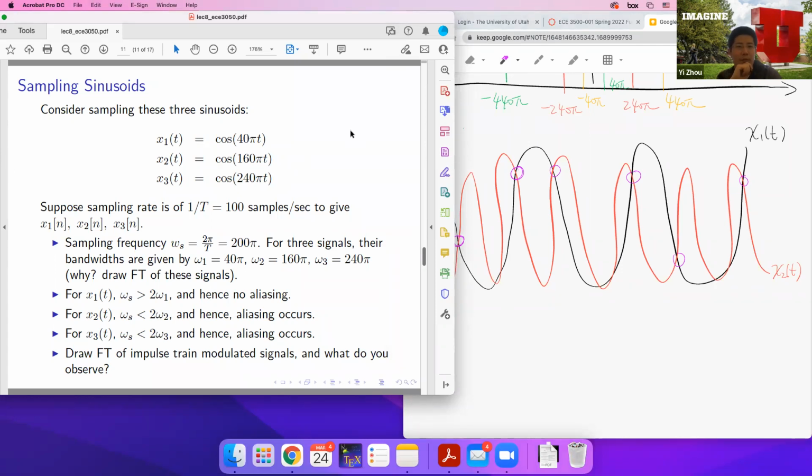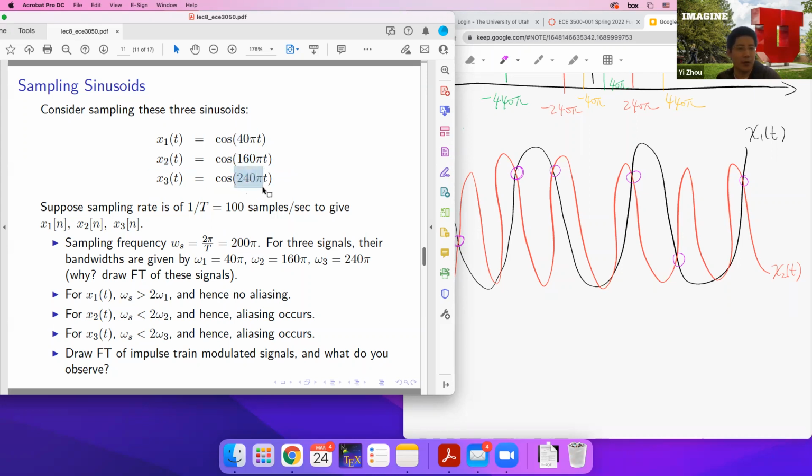One explanation to this is that because the sampling frequency is 200 pi, you can think about, for x2(t), 200 pi subtract 160 pi is exactly 40 pi, right?